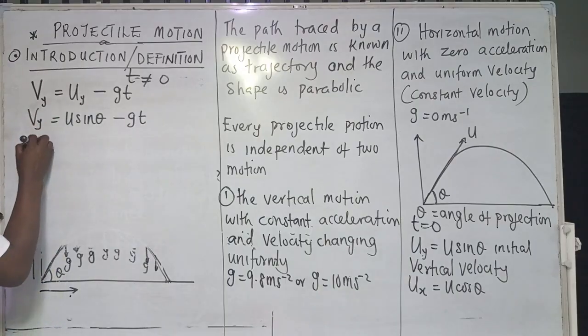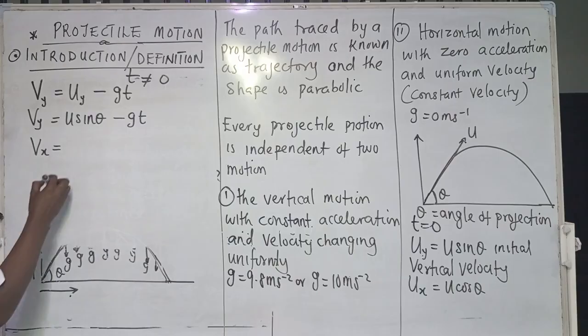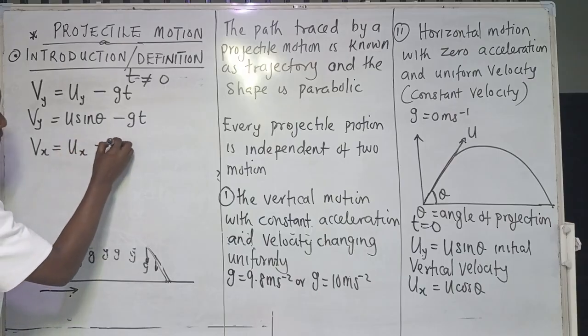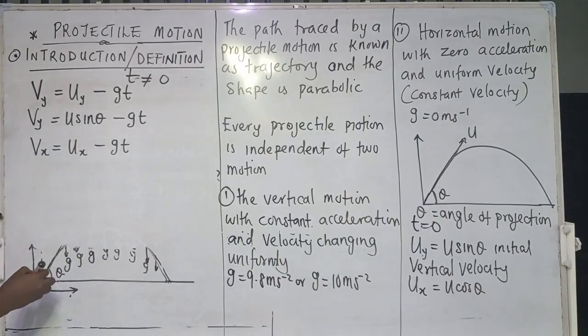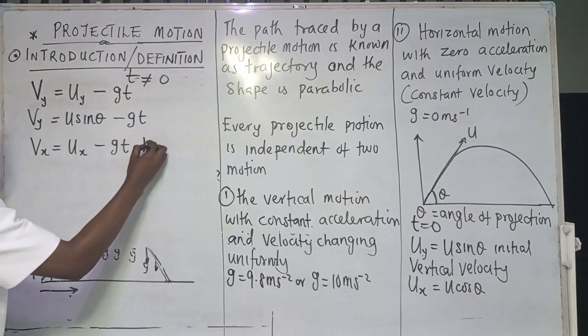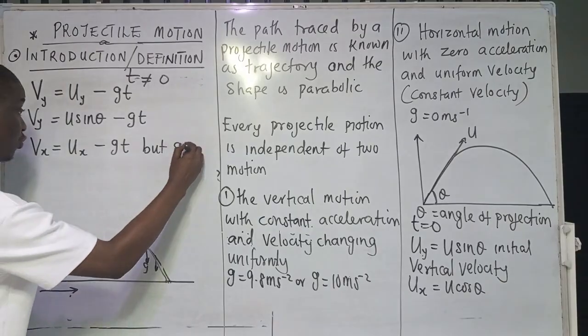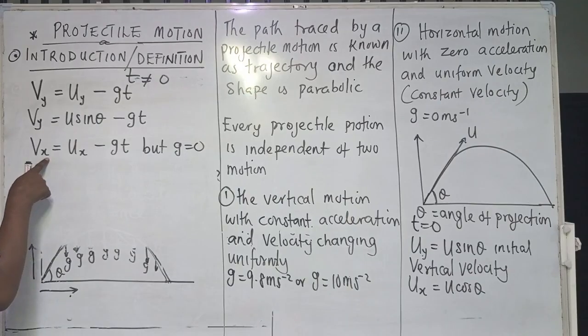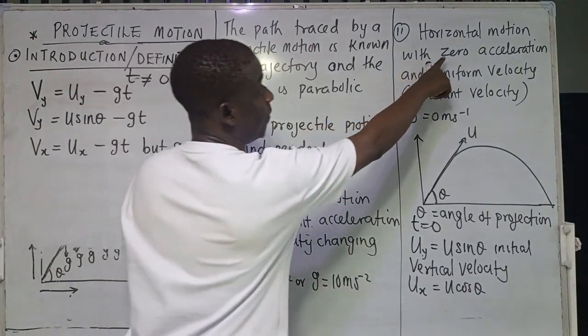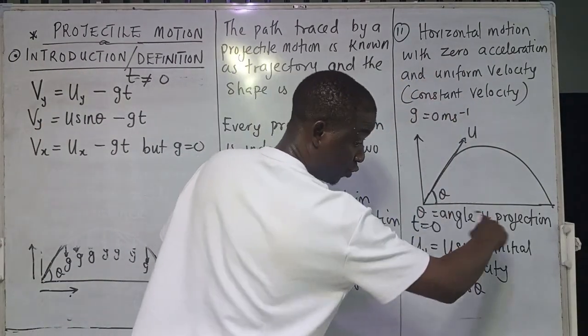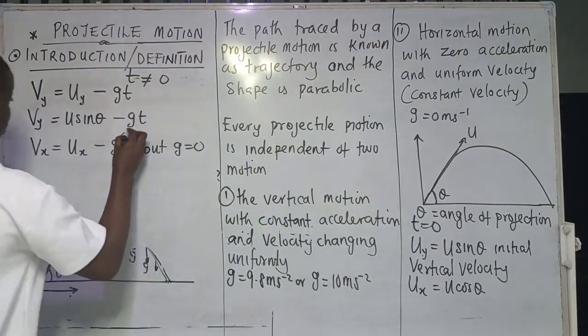What about Vx? Vx equal to Ux minus gt. That's weird. But g is equal to 0 for horizontal motion, so this one will not cancel now.